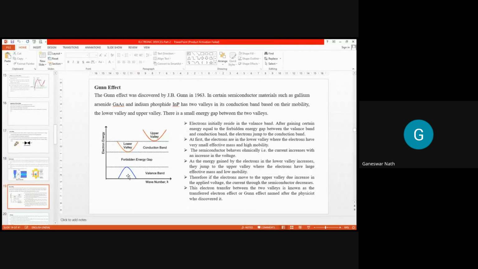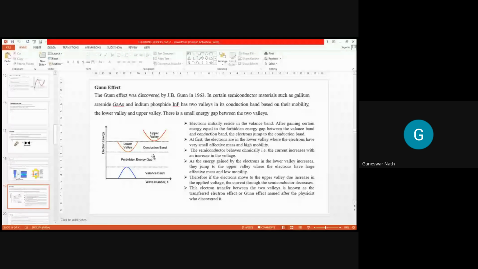When they gain some energy, they make the transition from this band to this band. So the semiconductor behaves ohmically, as an ohmic conductor. That is, the current increases with the increase of the voltage. As the energy gained by the electrons in the lower valley increases, what happens actually?